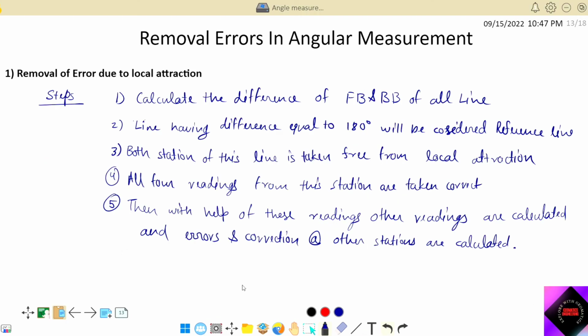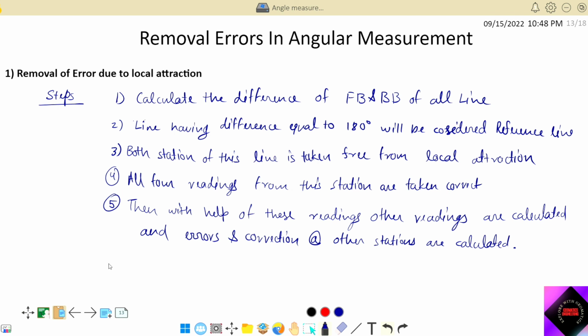So here I have written down all the steps taken to calculate the correct forward bearing and back bearing. First calculate the forward bearing and back bearing, then calculate the differences, and the line having 180 degree difference, consider it the reference line. Both stations of this line will be taken as free from local attraction. All the readings from these stations will be taken as correct, and then with the help of these readings other readings are calculated, and errors and corrections at different stations are calculated.